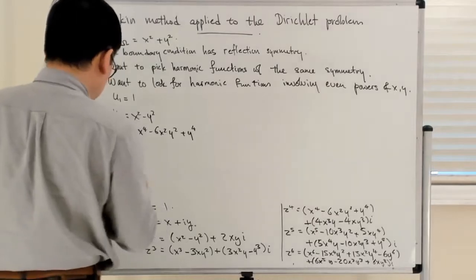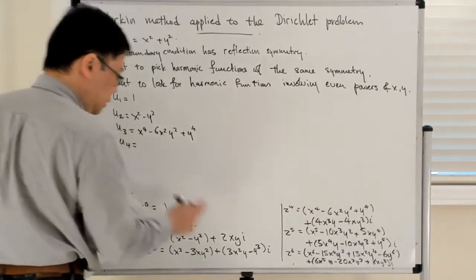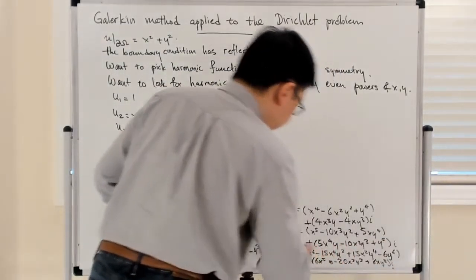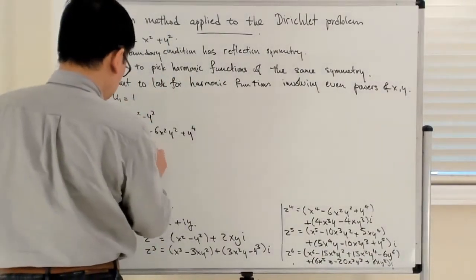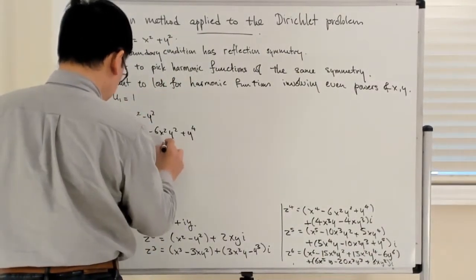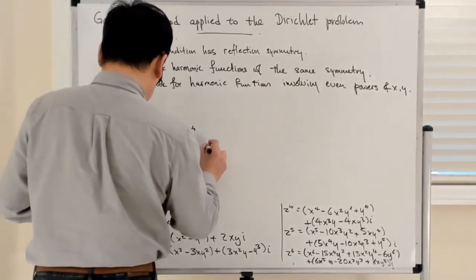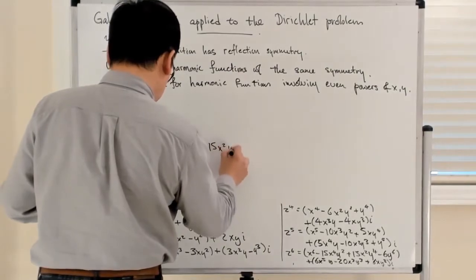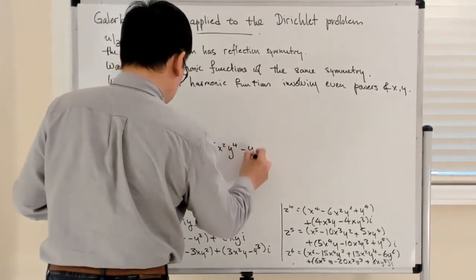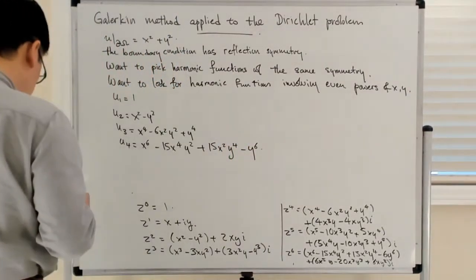And then u4 is going to be the real part of z to the 6, which is x to the 6 minus 15x to the 4 y squared plus 15x squared y to the 4 minus y to the 6.